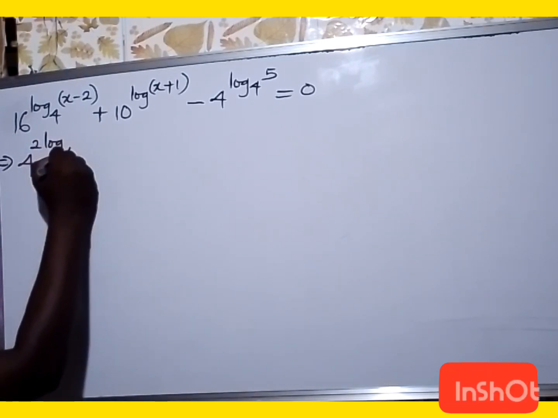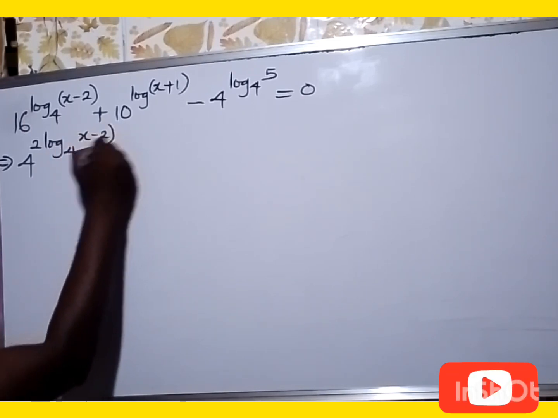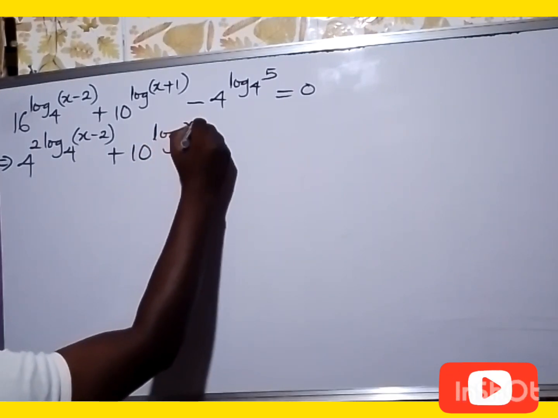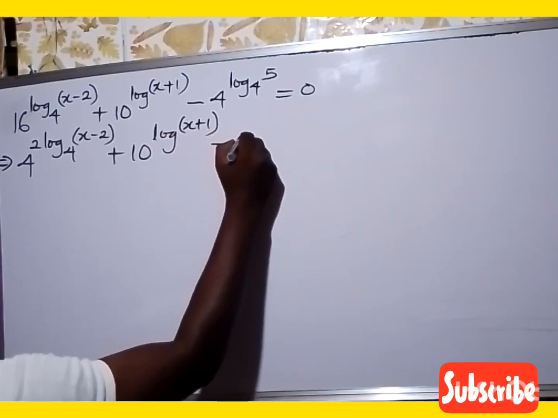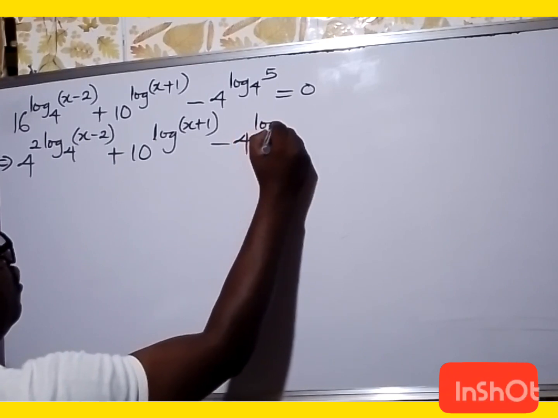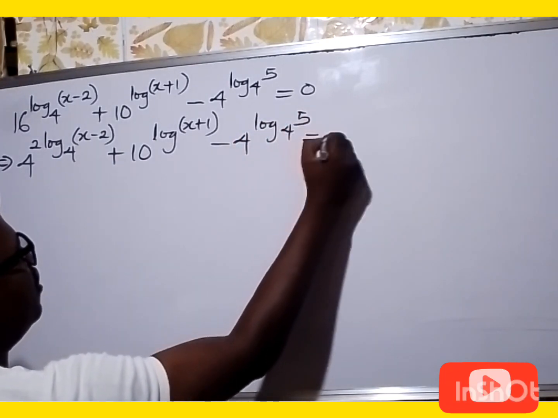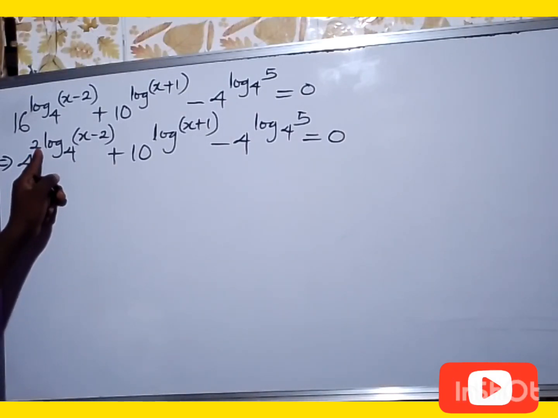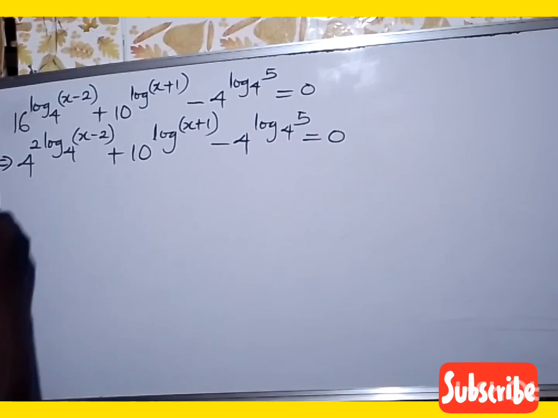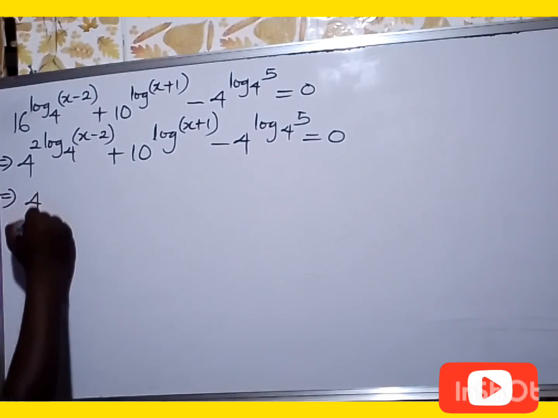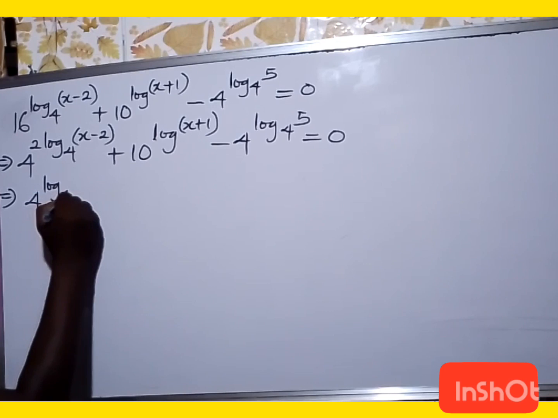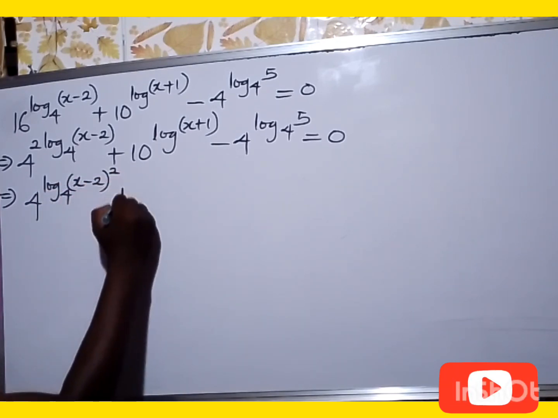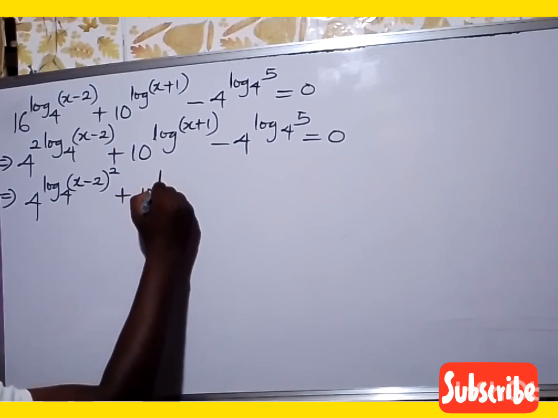We have our log 4 (x minus 2) plus 10 log (x plus 1) minus 4 log 4 5 is equal to 0. From here, we can move this coefficient, and it will serve as a power. If we do that, we are going to have 4 log 4, then (x minus 2) raised to the power of 2 plus 10 log.